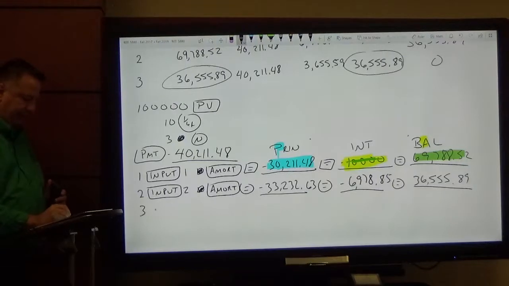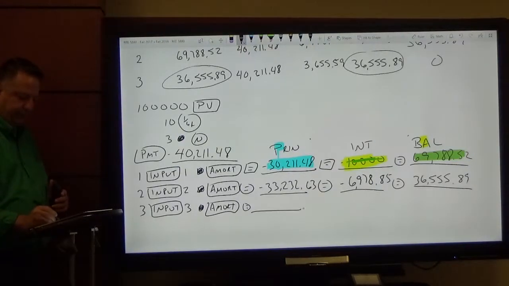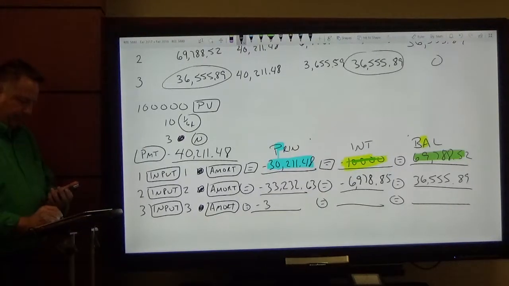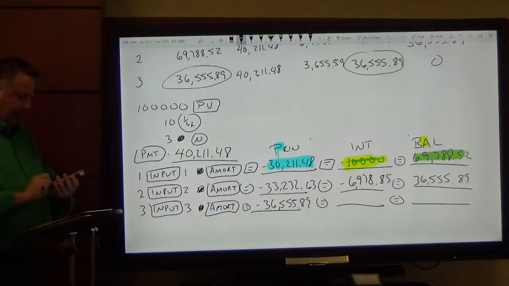For year 3, 3 input 3. Shift, Amortize. Equal. Equal. Equal. Okay. 36,555.89, 3,655.59, and 0.